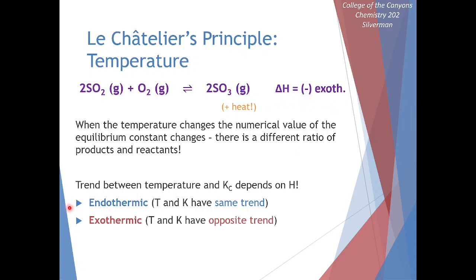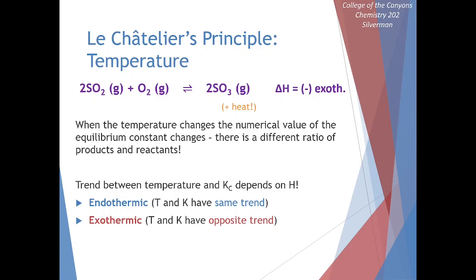If we have an endothermic reaction, a positive value for delta H, then our temperature and our equilibrium constant have the exact same trend. Alternatively, if we have an exothermic reaction, temperature and the equilibrium constant have the opposite trend. What does this mean?